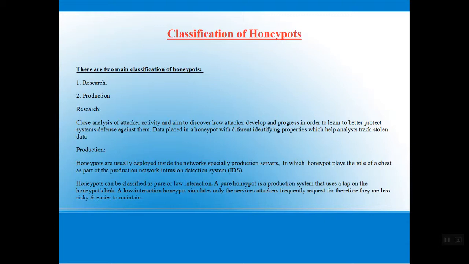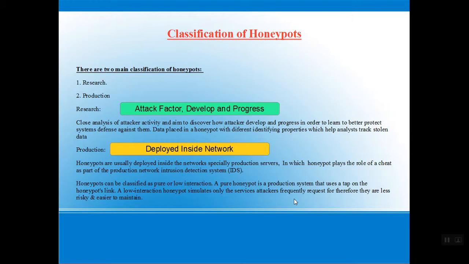Research, in brief, covers attack factors and development progress: how the attack happened, how we can protect our system, and what the progress is to verify that access and verify who attacked our system and the location of the attackers. The second one is production. It's deployed inside the network. In our network, we deploy any machine or device to identify how packets and frames are going outside.